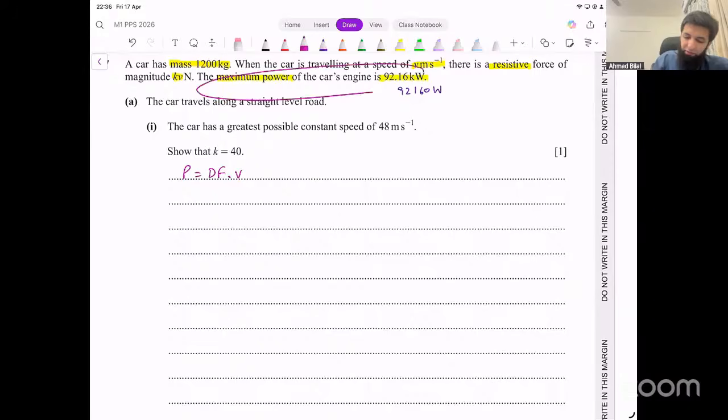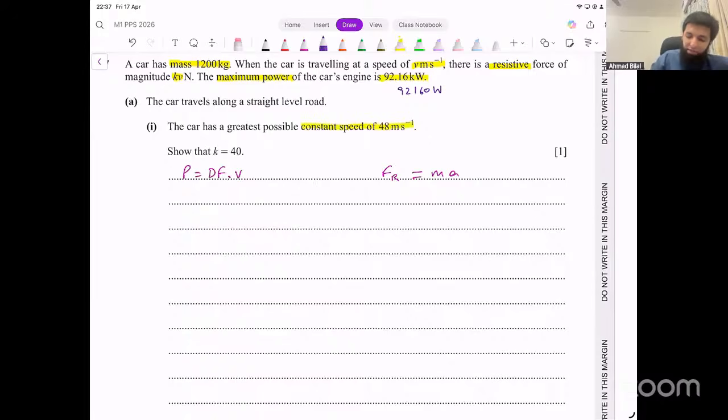Power, maximum power of the car is this, and the maximum speed of the car is 48. If we use this together with Newton's second law of motion, okay, this is constant speed. Okay, all right, I did not read that. This is constant speed. Okay, all right.